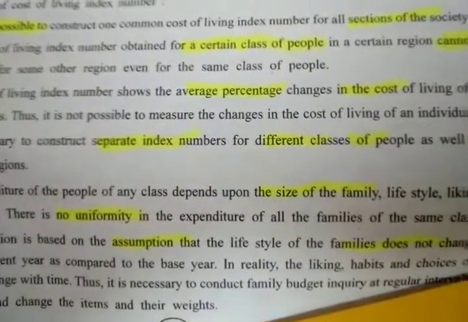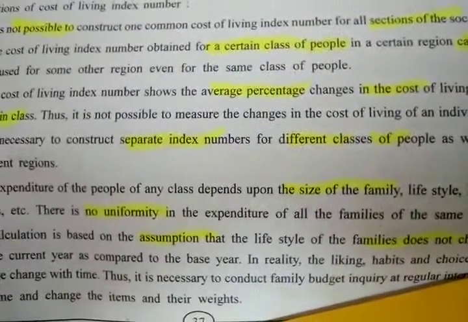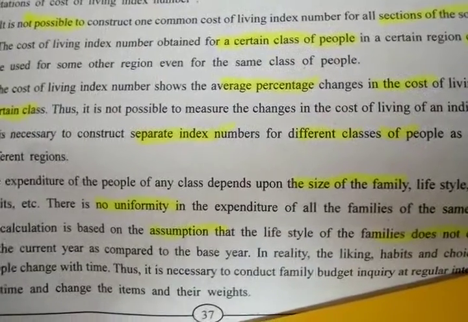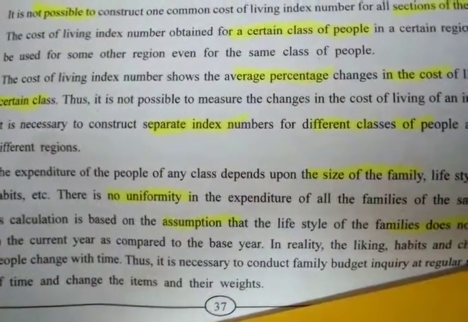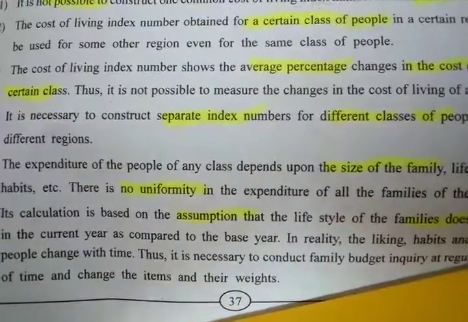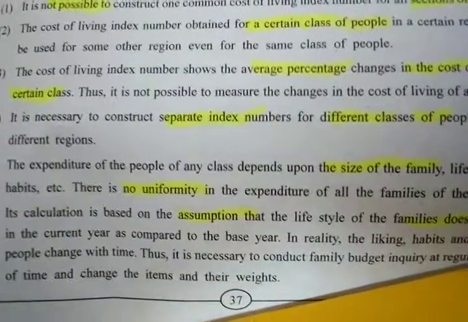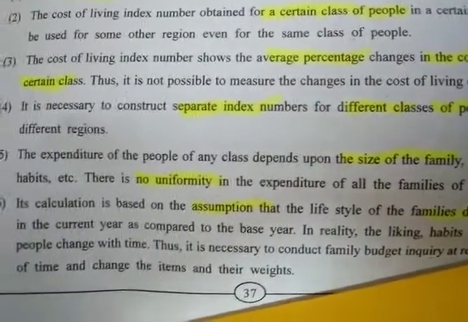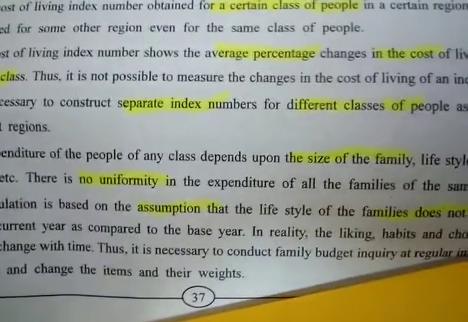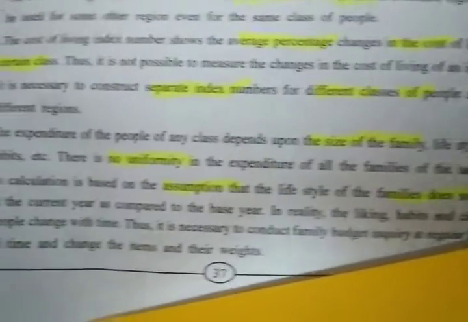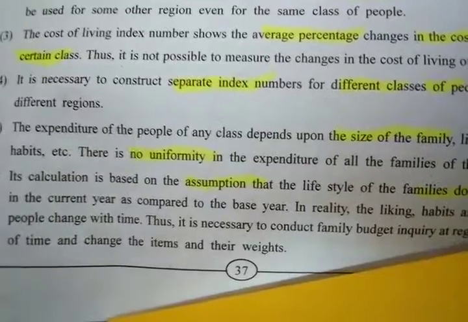Different families may have different backgrounds, and their spending on various items may be different, and therefore it is difficult to have a common index number. Its calculation is based on the assumption that the lifestyle of the families does not change in the current year as compared to the base year.